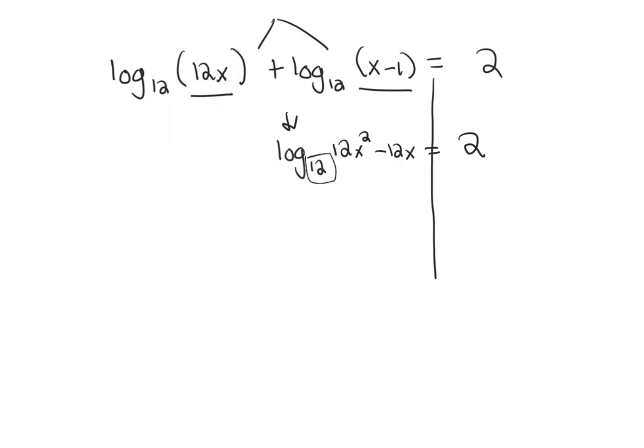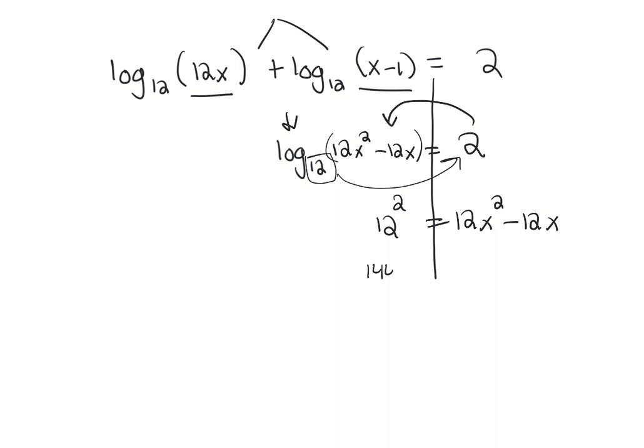So base 12 to the power of 2 equals all of this, 12x squared minus 12x. So that's 144. We have a quadratic, so set it equal to 0.